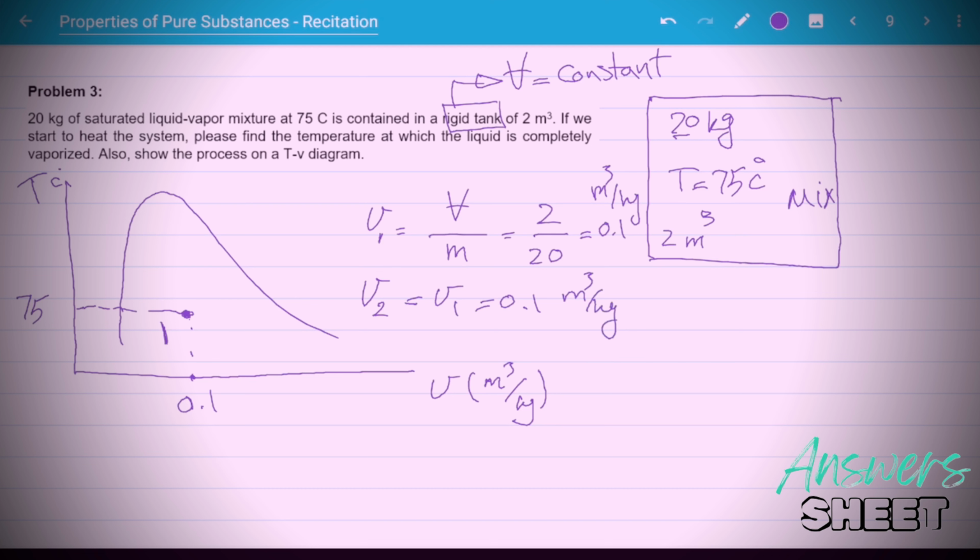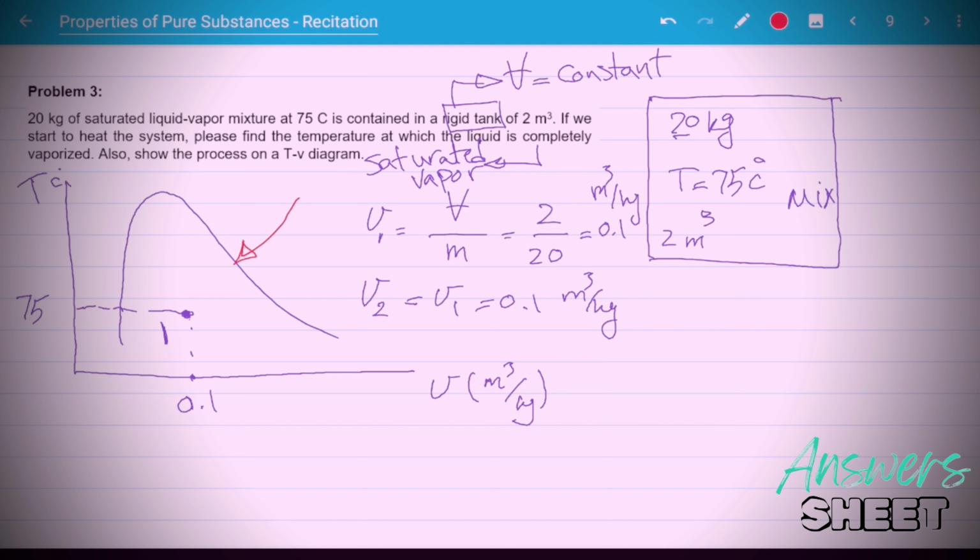I need one more piece of information about our second state so that I can pinpoint it on this diagram. Now, the problem says that the liquid is completely vaporized. When the liquid is completely vaporized, it means that we are dealing with a saturated vapor scenario. So that is the second piece of information that we need.